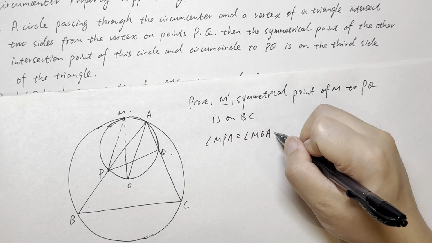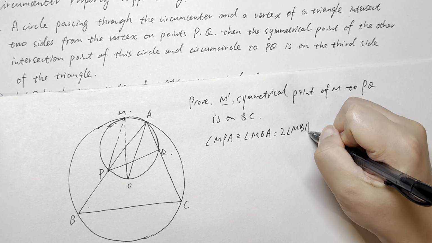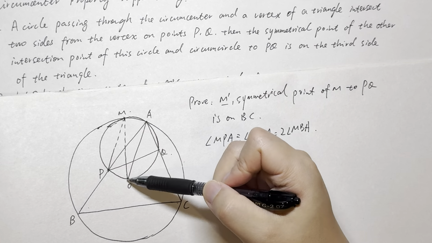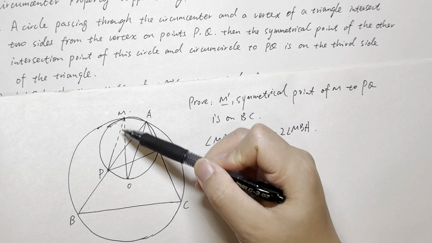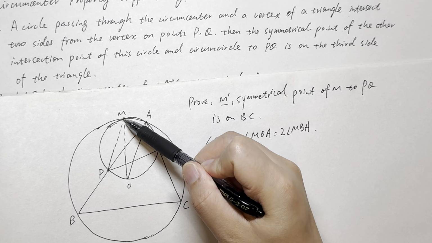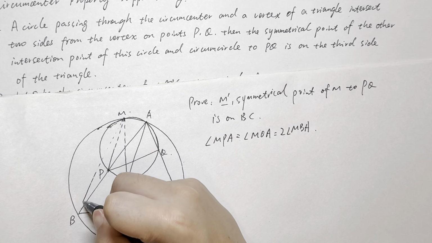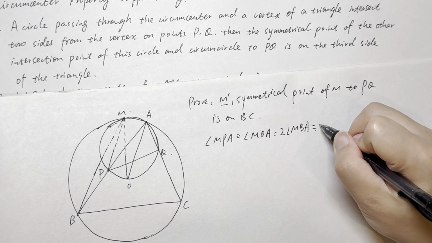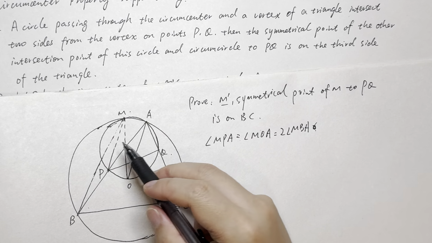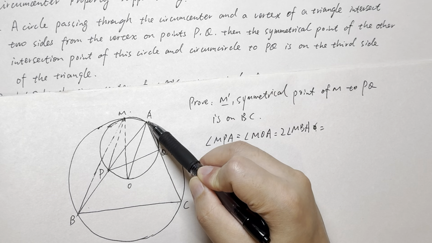And it's obvious it equals twice angle MBA, because in the circle O, angle MOA is twice angle MBA.